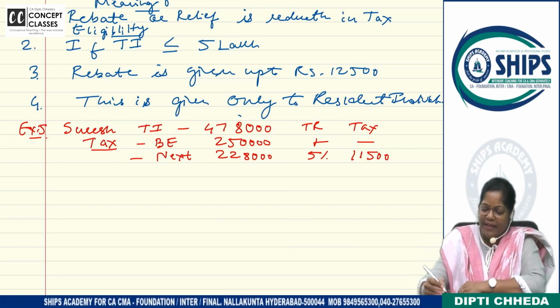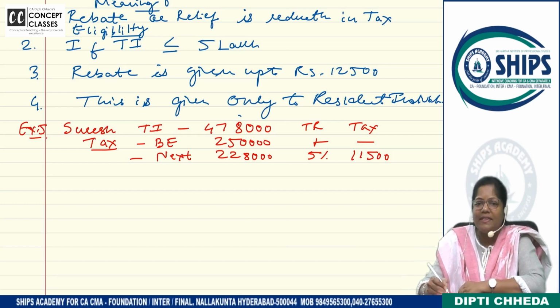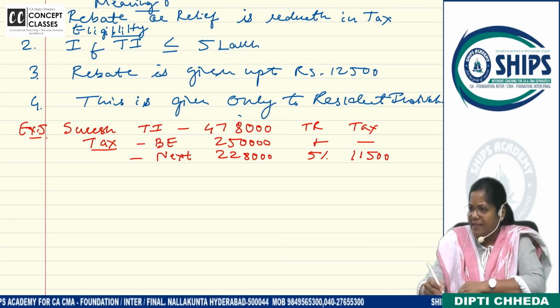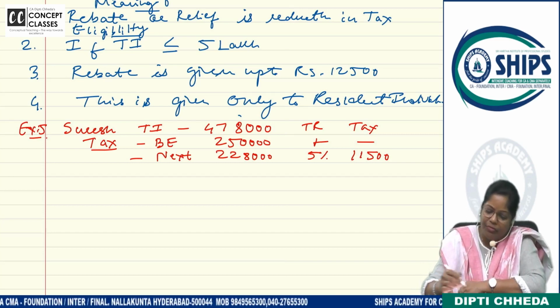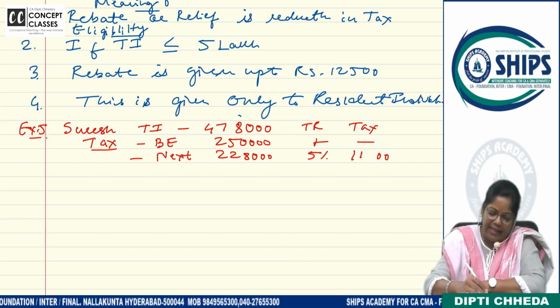Yes, 2,28,000. And on that, how much is the tax? 5%, 11,500. 11,400. Okay.